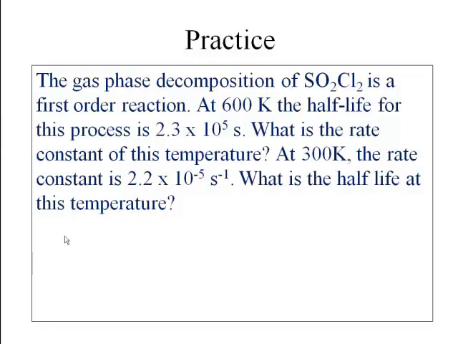For this first one, they want us to find the rate constant. So I'm going to write K equals 0.693 over t, and the time is 2.3 times 10 to the 5th seconds.